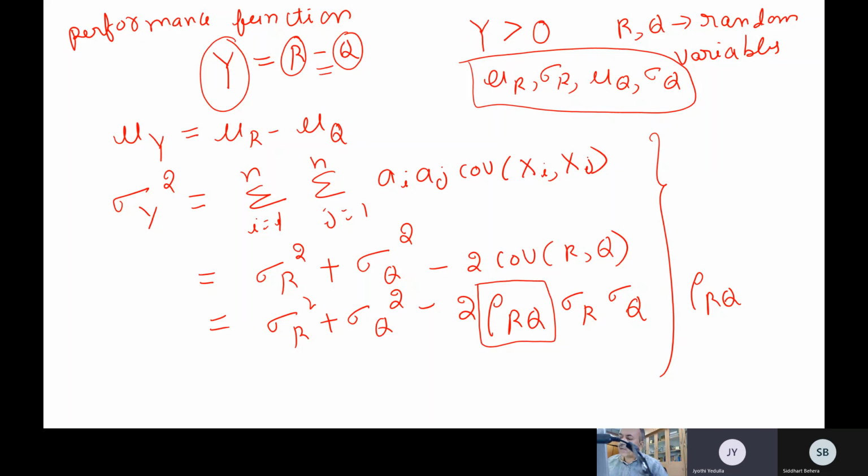But generally, what do we do actually? Whatever the load comes, if the load is small, that doesn't mean that your resistance will increase, right? Or that you will decrease your resistance.